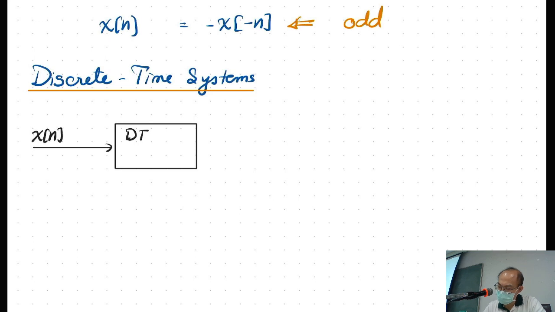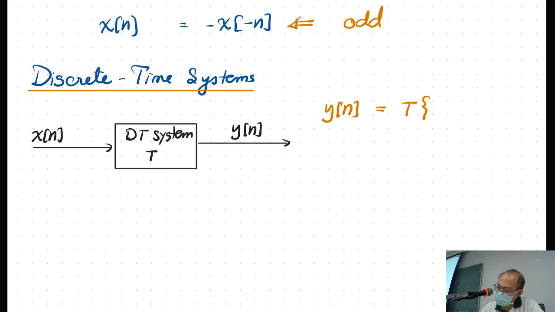Let's name it T, and it will give you an output signal, which is also discrete time. Let's call the output y[n], and we will use the notation y[n] equals T of x[n].